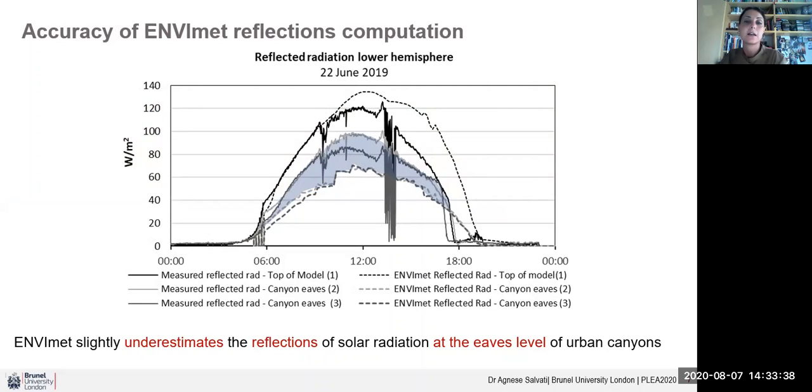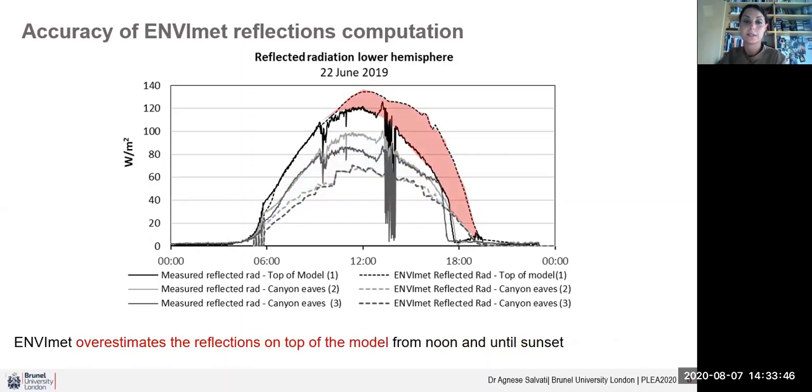There is a slight underestimation of the reflections within the urban canyons. On the other hand, ENVI-met overestimates the reflections on top of the model, so when the reflections from the roofs are also taken into account.